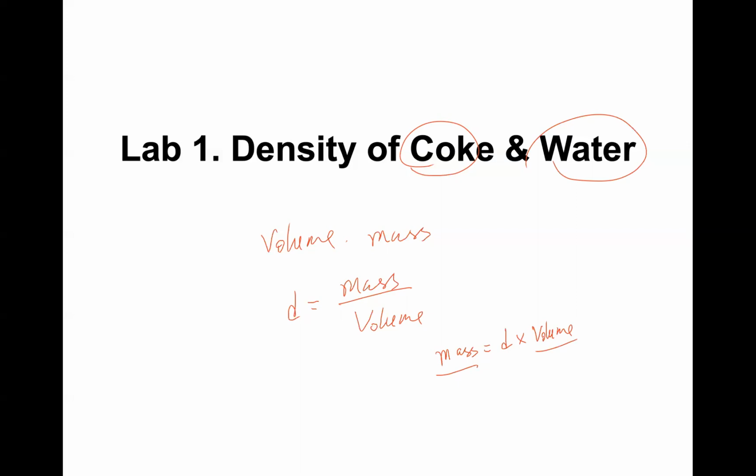So because of that, we can make a graph like this one. Here will be our mass. Here will be volume. And you can have a linear relationship, and the slope will be your density, right? So we will practice those things today.